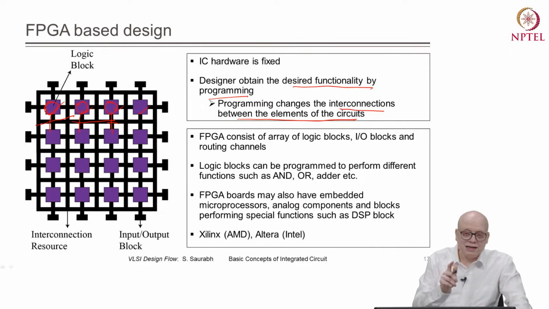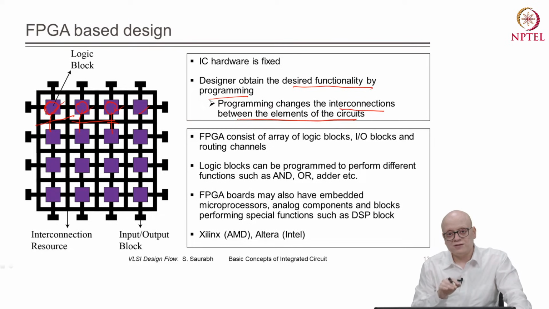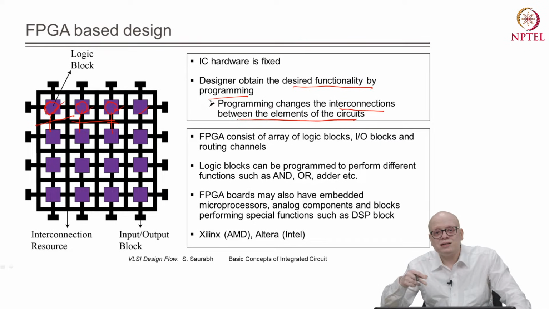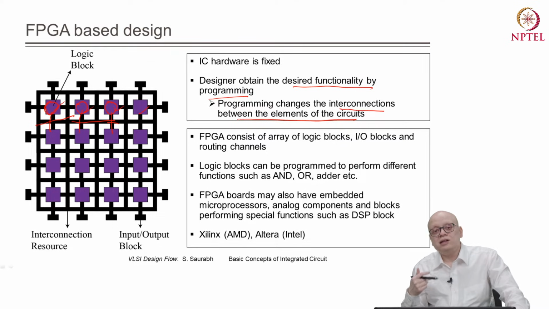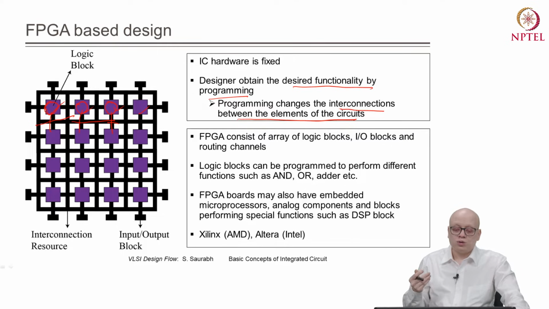But understand that the hardware is fixed. Once we get hardware from an FPGA vendor, the hardware cannot be changed. But the internal connections within the hardware can be programmed, and the vendor typically gives some tools to program the hardware through high level languages.